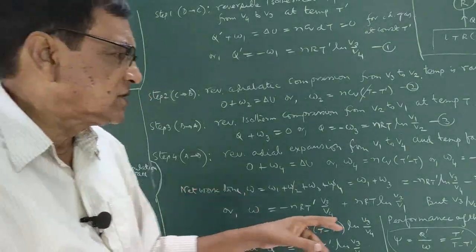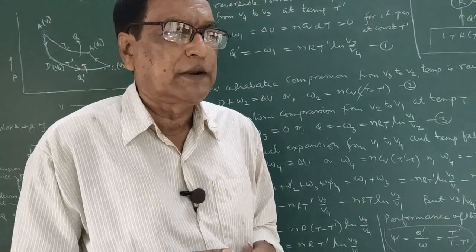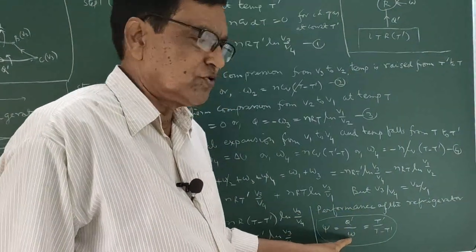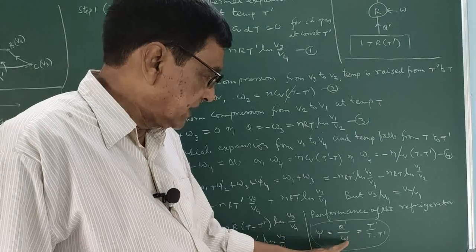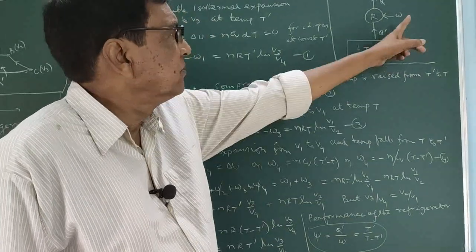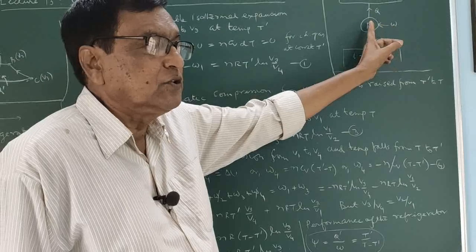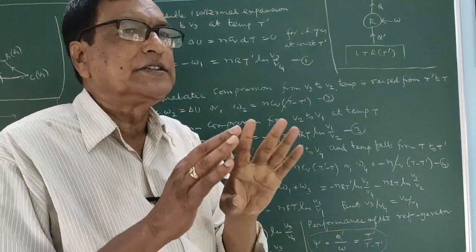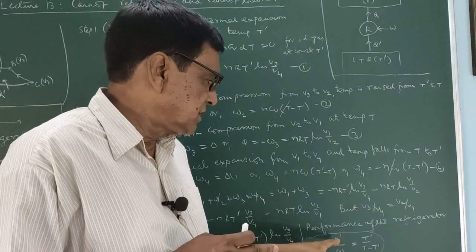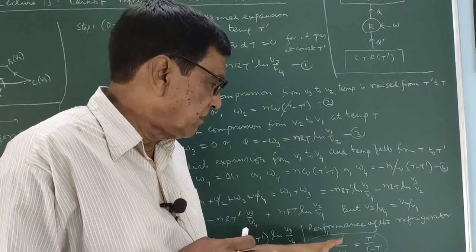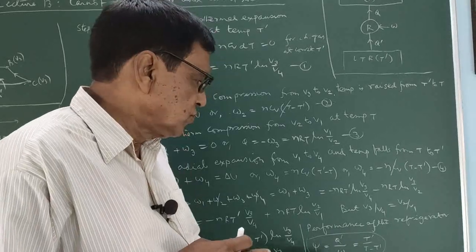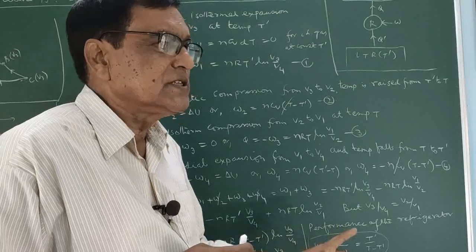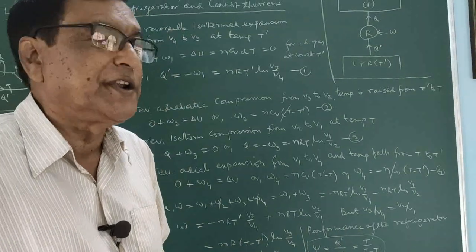So the performance of this refrigerator, performance means energy output divided by energy input. W is the energy input given to this refrigerator, and Q dash is the energy output by this refrigerator. So the energy output divided by energy input is called the performance of this refrigerator.